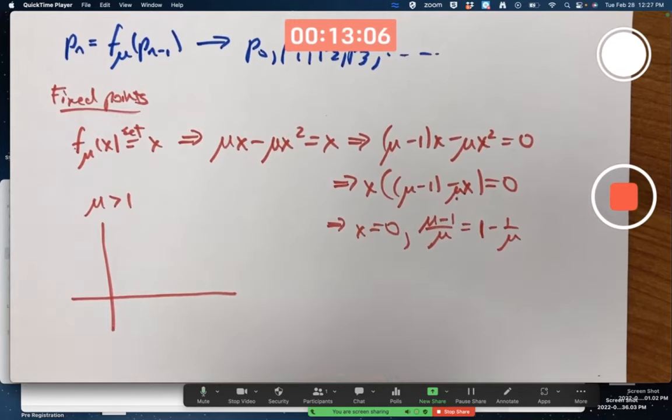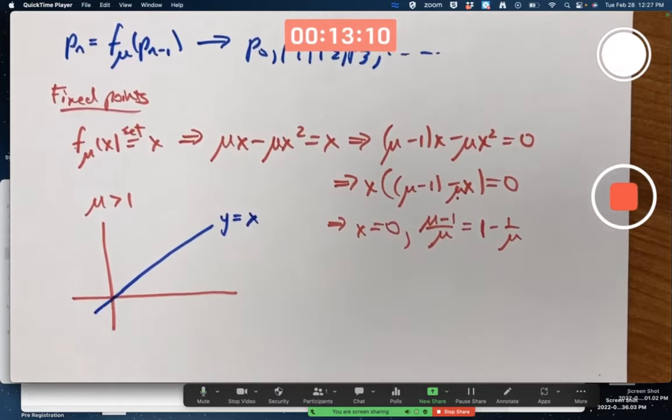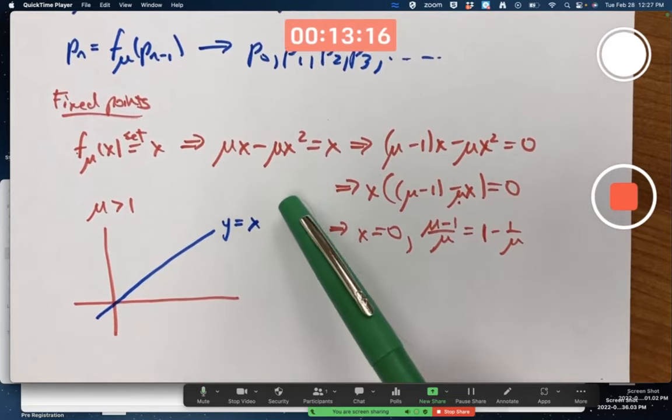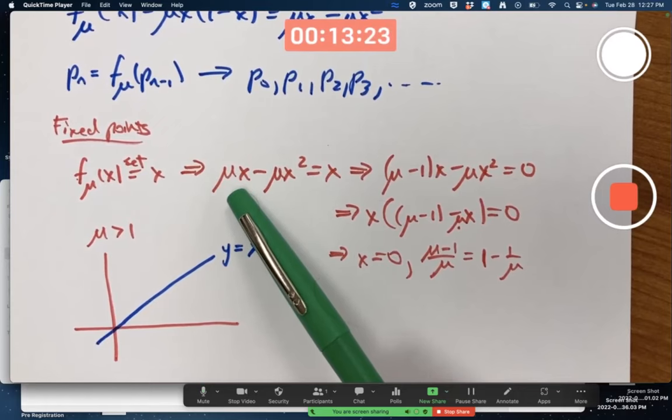You've got the line y equals x that you want to draw in there as well, as you always want to do with cobweb diagrams. Mu is bigger than 1. Mu is the slope of the function, by the way, at x equals 0, right? The coefficient of the x term would be the same as the slope of this function when x equals 0.